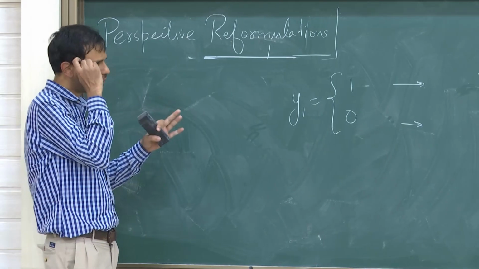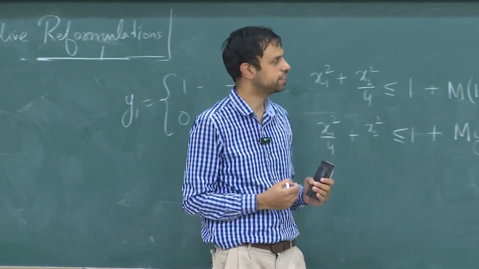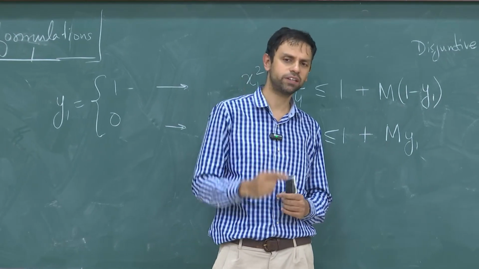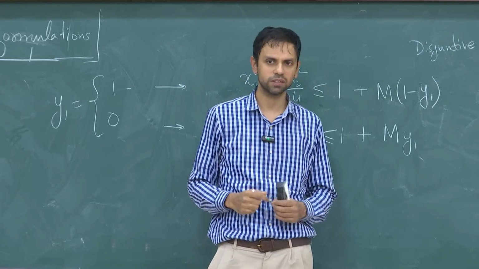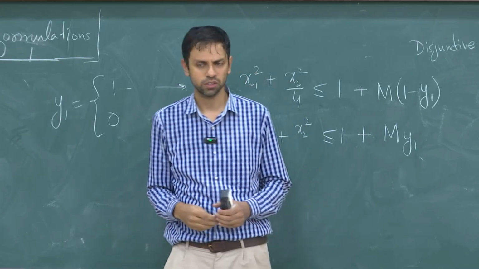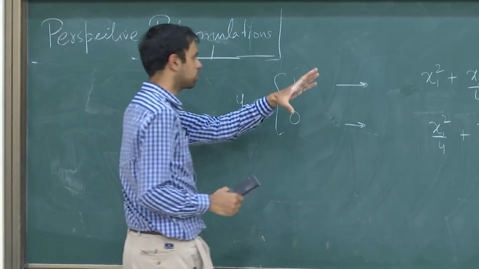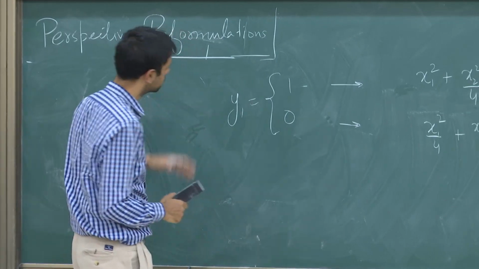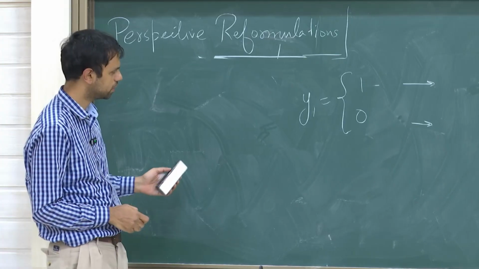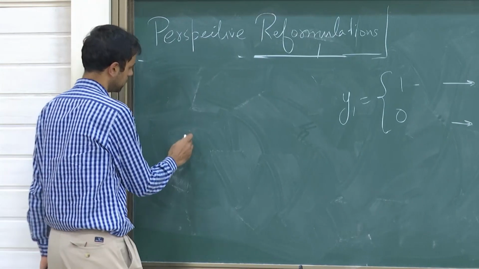Things get a little simpler when one of the sets is just a point or a small line segment, and the second set is some convex shape. So the simplified version of this disjunctive programming can be understood in a better fashion. Here is an example.